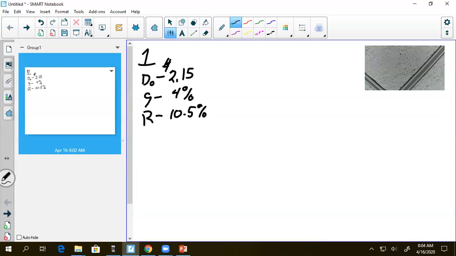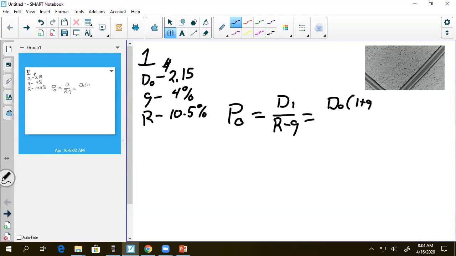And let's see, they want to know what is the current price. So we know the current price equals D1 over R minus G, right? But we have D0 instead of D1. So we know we have D0 times 1 plus G. Now we just have to plug that in.